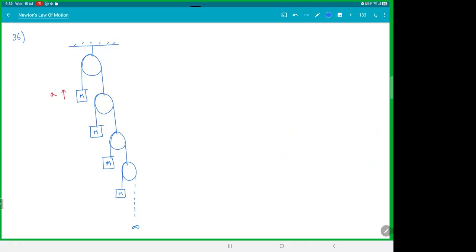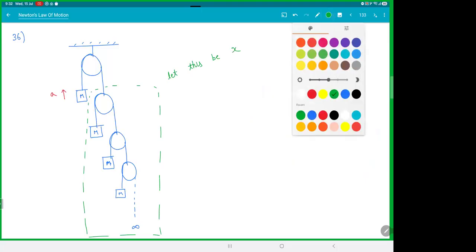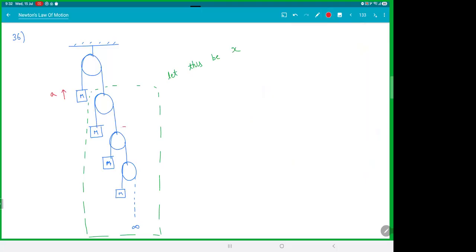So we start like this. Let the whole right side, the infinity part, this whole thing, let this be X. I don't know how much it is. Now, if this whole thing is X, and I remove one pulley, infinity minus 1 is still infinity.